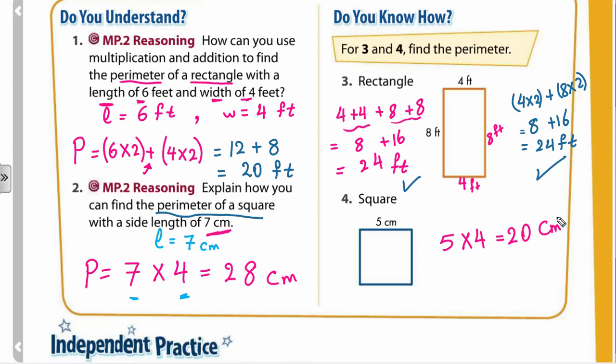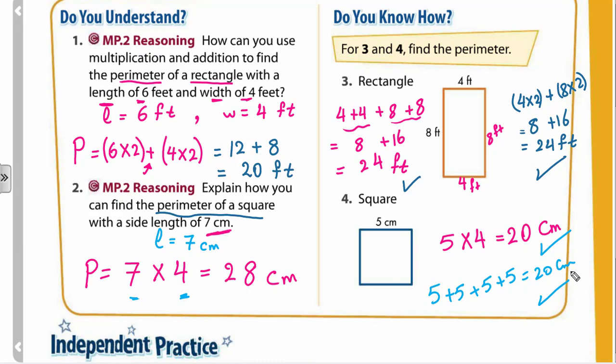Oh, why 5 times 5? My hero, you should use this one, this one is correct. Or you should use this one, 5 plus 5 plus 5 plus 5, and you will get also 20 centimeters. It's also correct. Oh, so it's not 5 times 5. This is not area. This is perimeter.